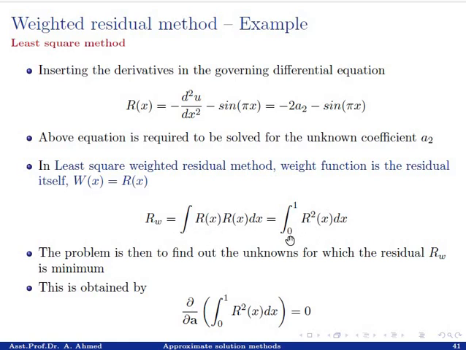The domain of the body is from 0 to 1. Now the problem is to find the unknown coefficient a2 such that the residual rw becomes 0 or becomes minimum. And how to find the maxima and minima? You have to differentiate with respect to the unknown coefficients.